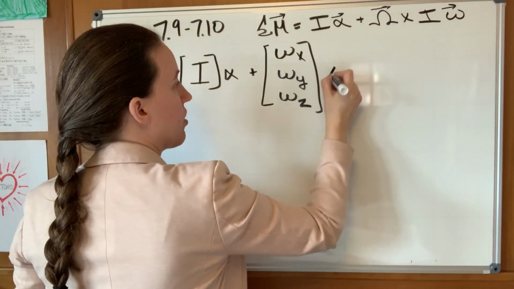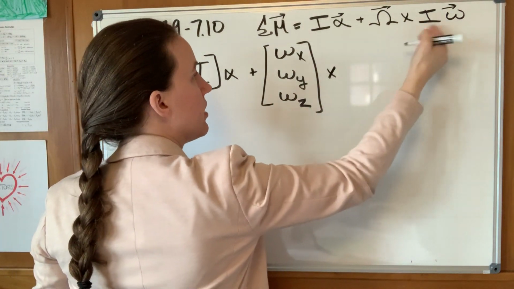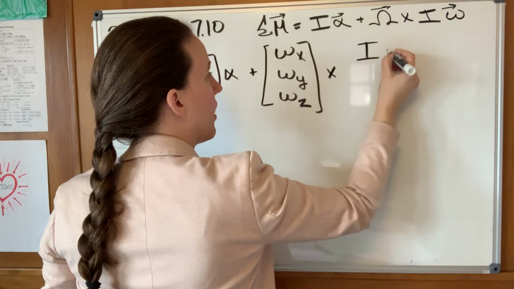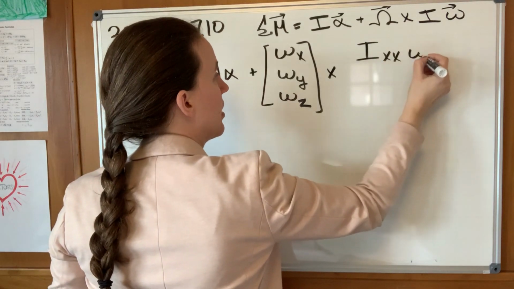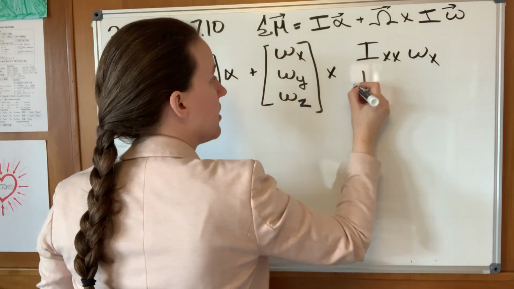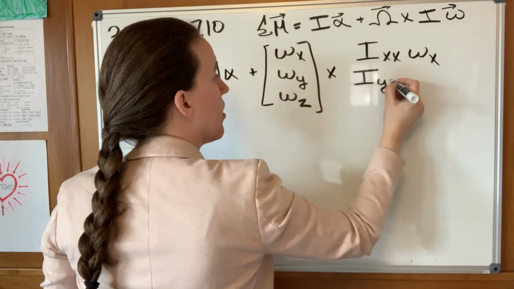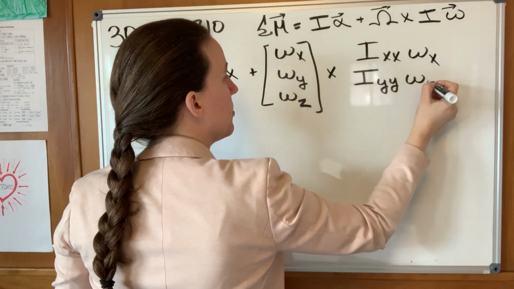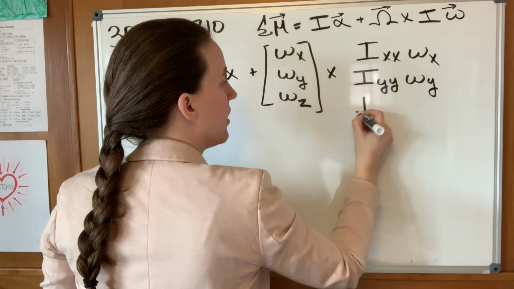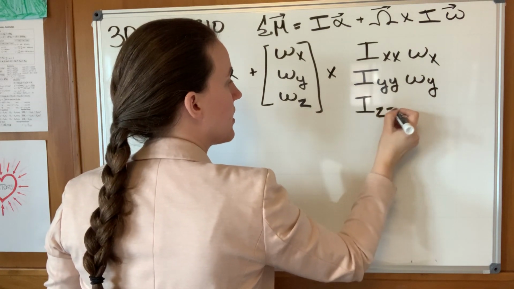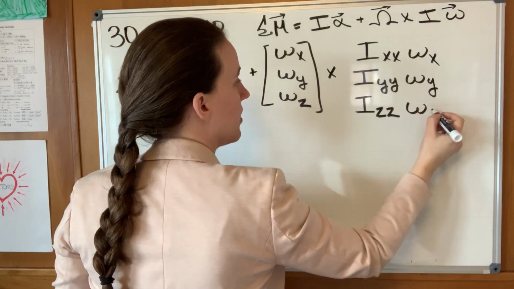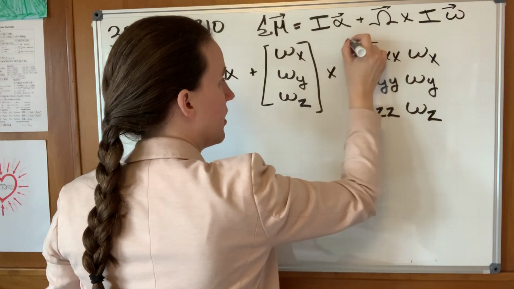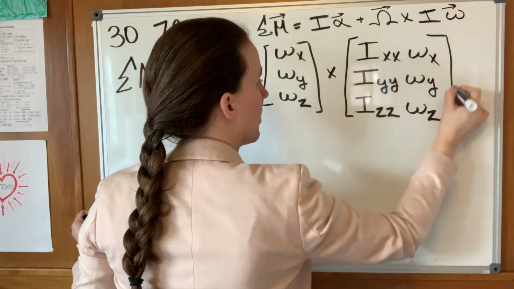So we're going to take this cross product, and this term is just going to be I xx omega x, this term is I yy omega y, and then an I zz omega z in the k.